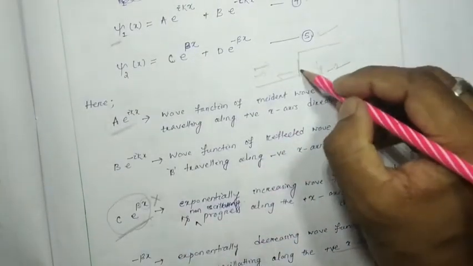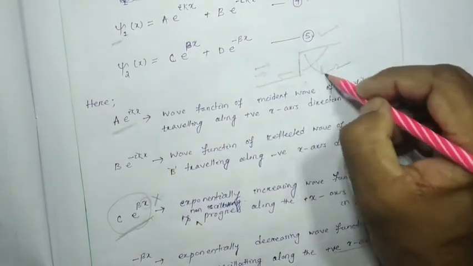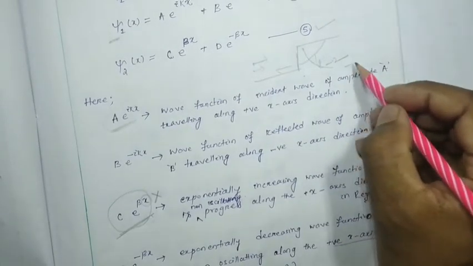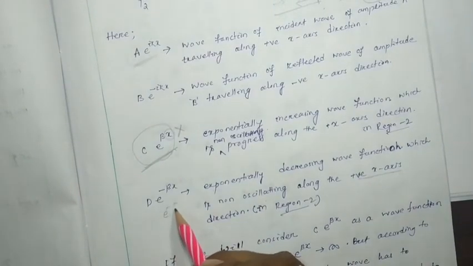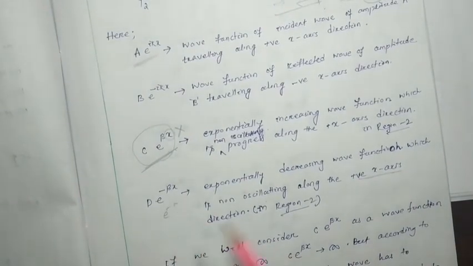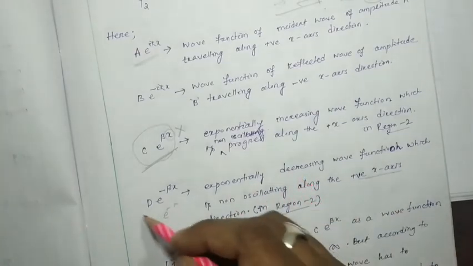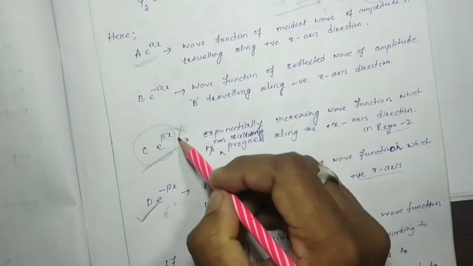So one is like this, another is like this. If we consider plus infinity, at infinity, it will be e to the minus infinity, which is 0. So at infinity psi is going to be 0. So this will be acceptable, this could not be acceptable.